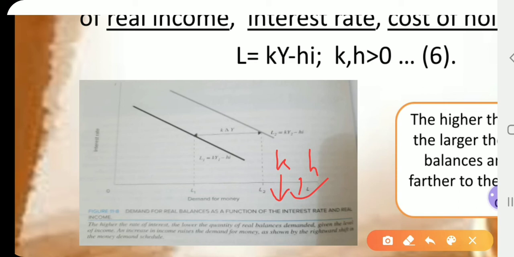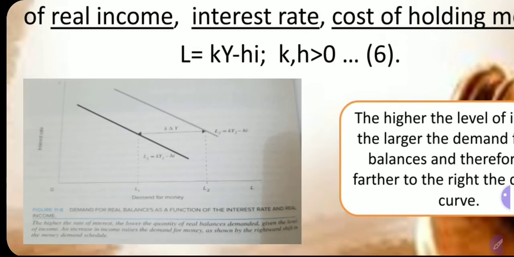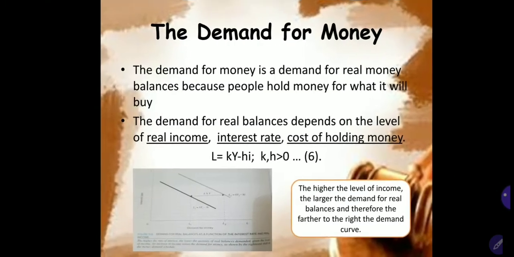K reflects the income, and H reflects the interest rate. This also concludes that the higher the level of income, the larger the demand for real balances, and therefore the farther to the right the demand curve will be. So it will shift to the right, like that.